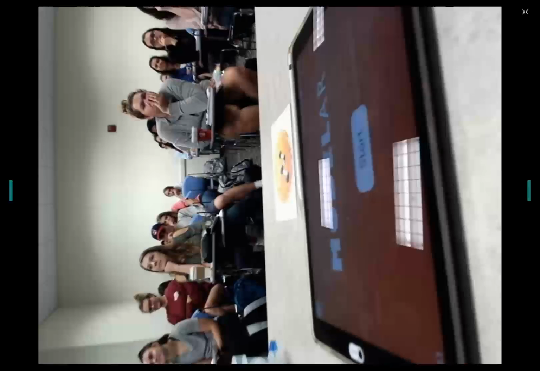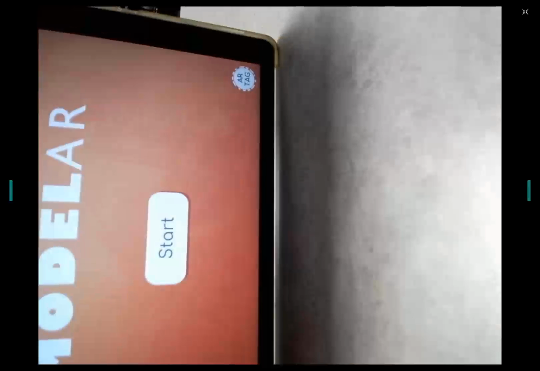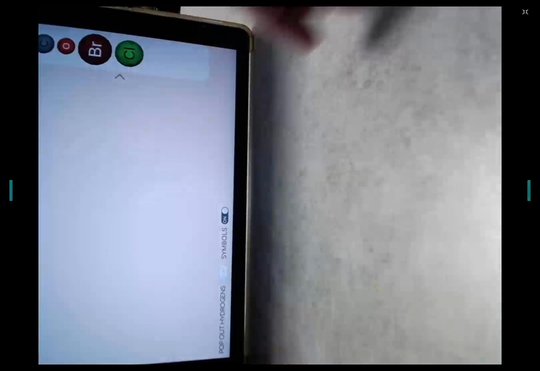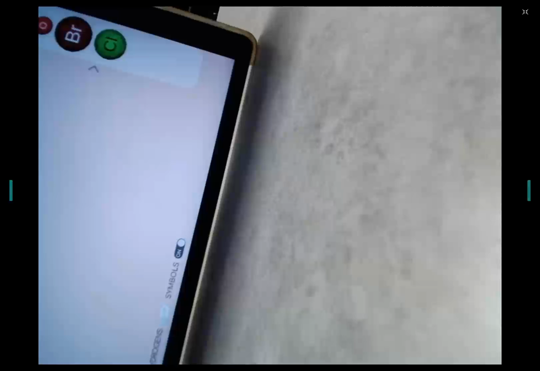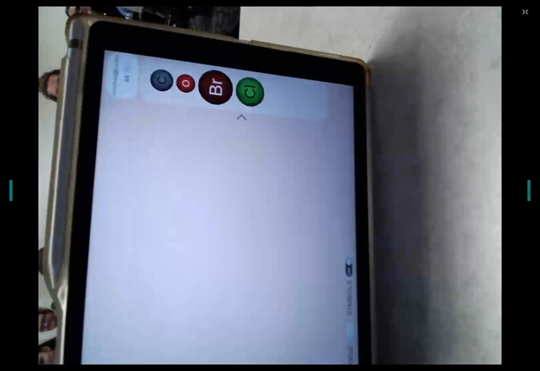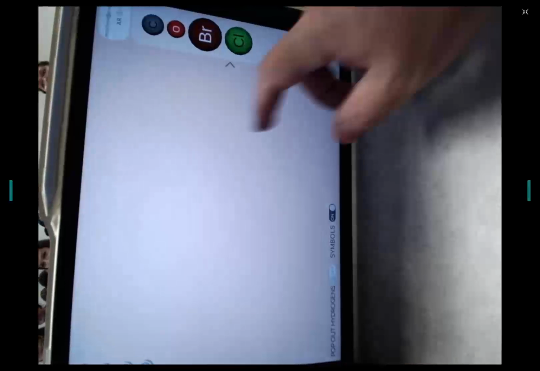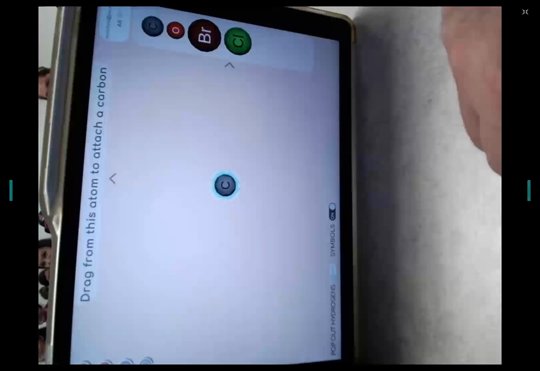Now it's upside down. You'll get the idea. Okay, start. So what I can do when I start this is the following. I grab a carbon, I bring it in.